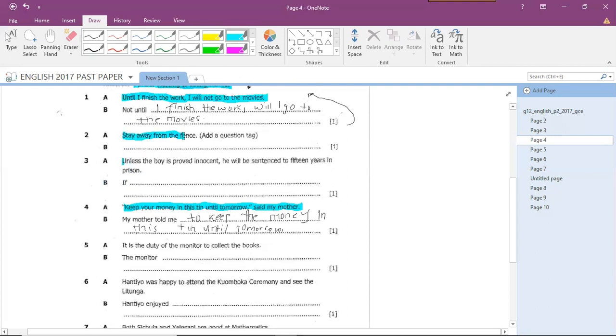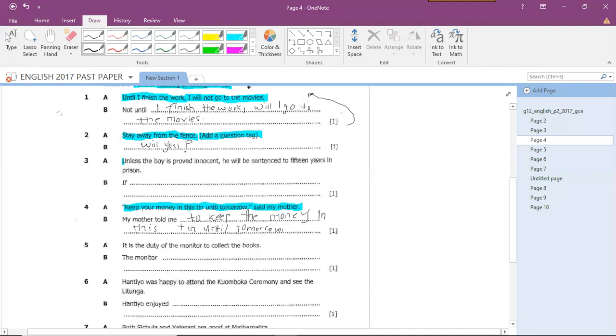Stay away from the fence. Add a question tag. So stay away from the fence, will you?